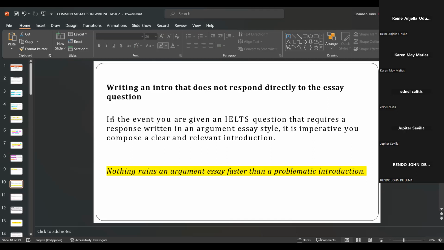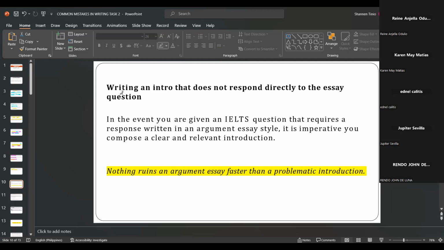Because first impressions last. Also, the introduction or your hook, yung hook po kasi, ang tawag doon, yung pinakaunang sentence na isusulat mo, yun yung hook. The purpose of a hook is to captivate the attention of the reader, or if you're doing a speaking activity, the listener, or your audience.